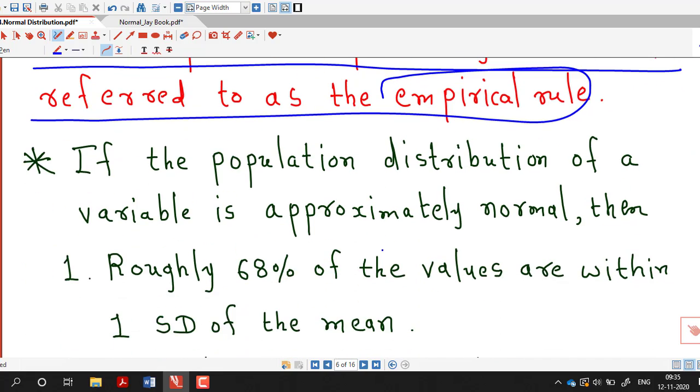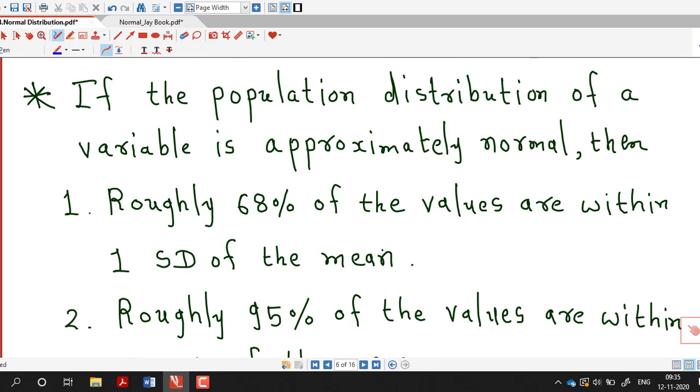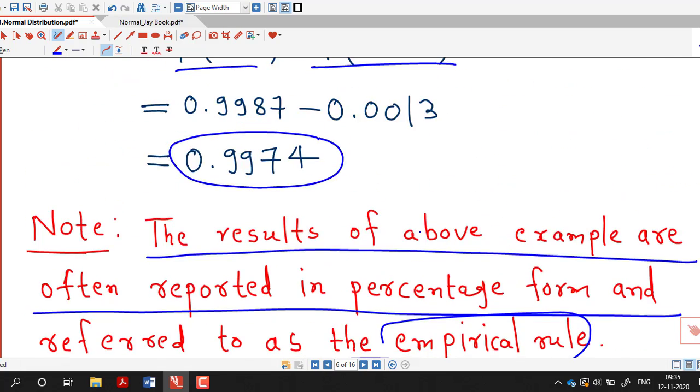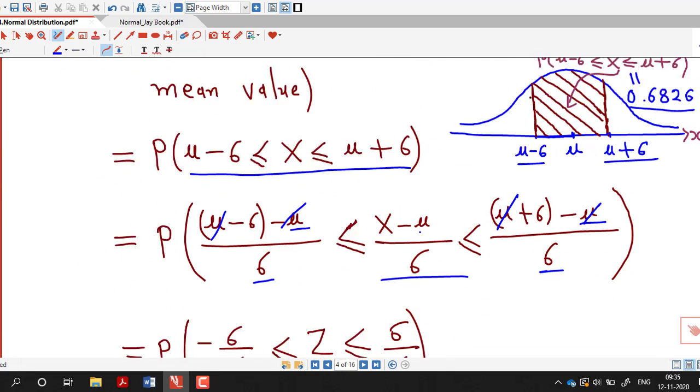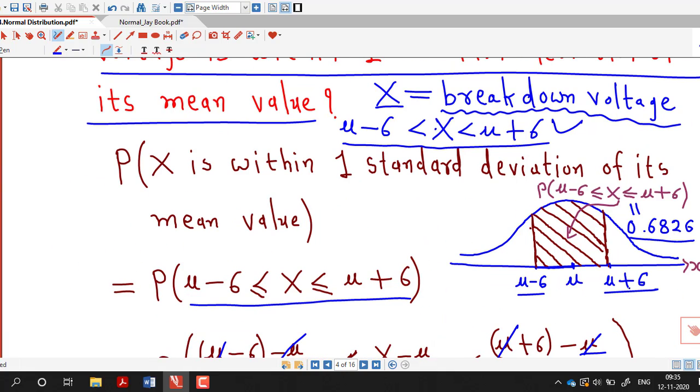So we can summarize the results of this example in this way. If the population distribution of a variable is approximately normal, then roughly 68% of the values are within one standard deviation of the mean. We have seen that the probability that X lies in mu minus sigma to mu plus sigma is 0.6826.